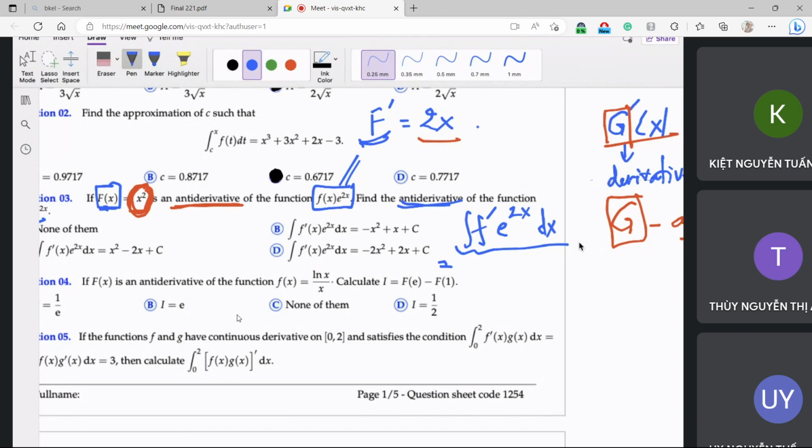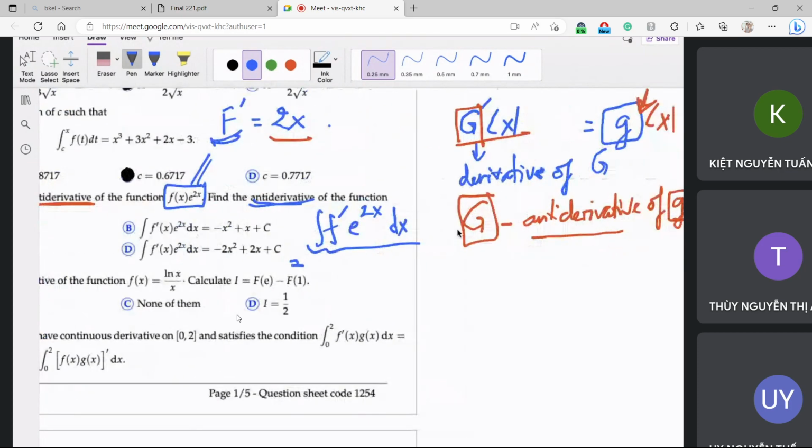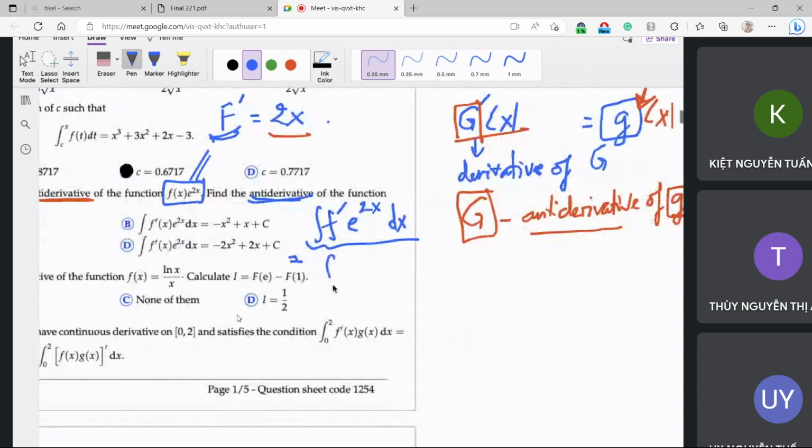So what we have to do is use integration by parts. This one we write as e to 2x d of f(x). F prime dx is d of f(x), so it's like u dv.